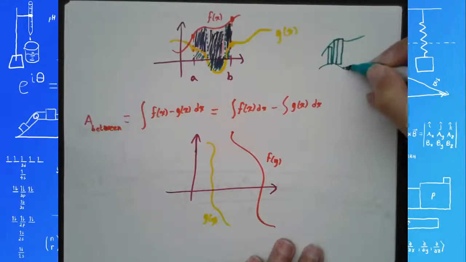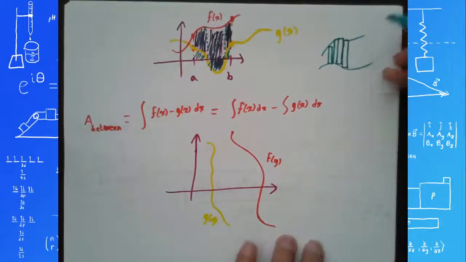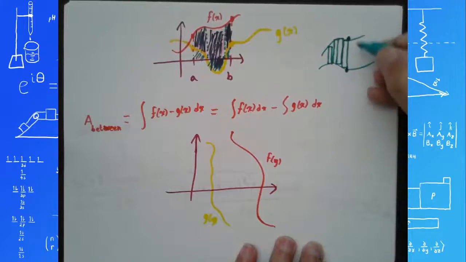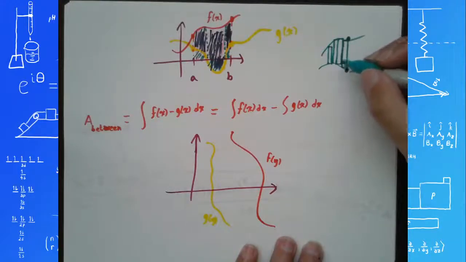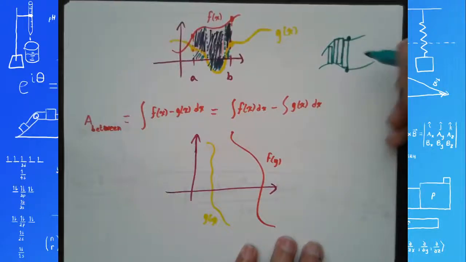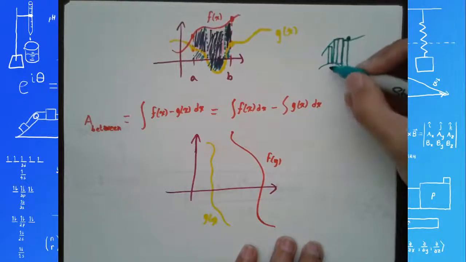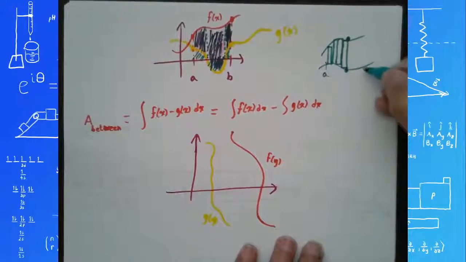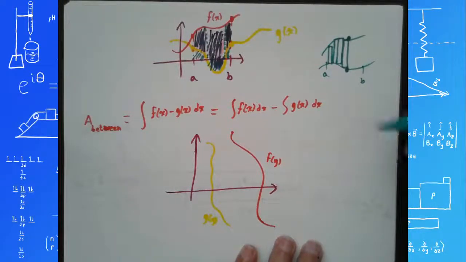When you're doing f of x minus g of x, you're taking the upper y value minus the lower y value, and you're using that as the height of your rectangle, multiplied by a very small width of dx, adding all those up for all the values from a to b, and then you're getting your area between the curves that way.